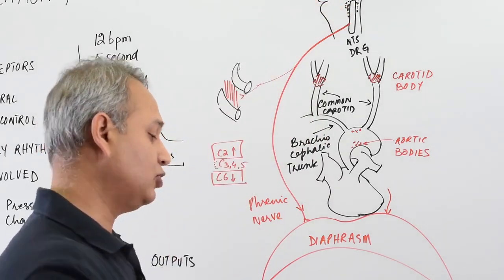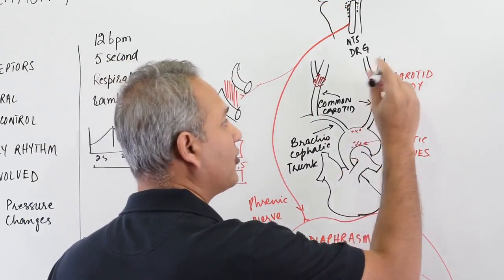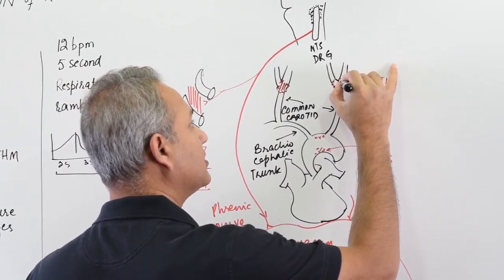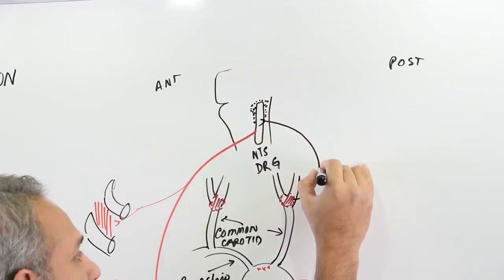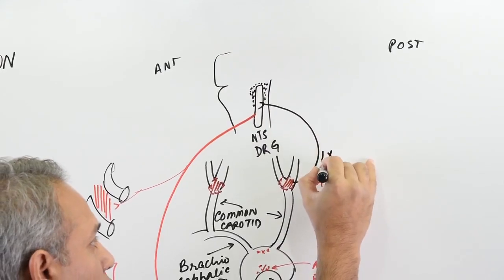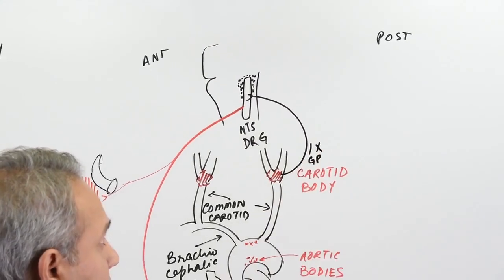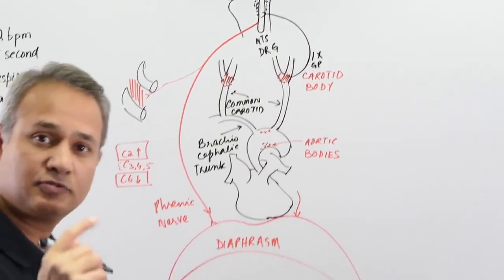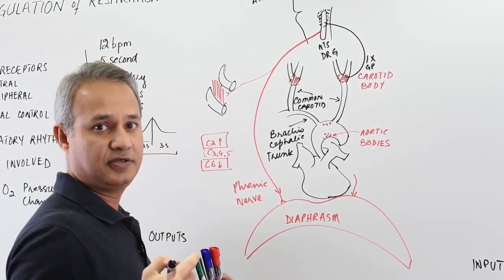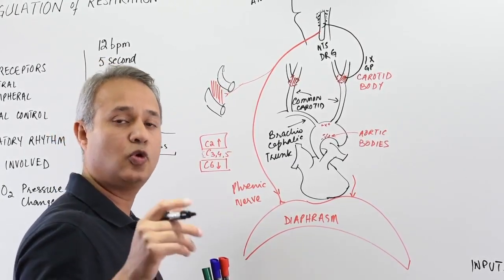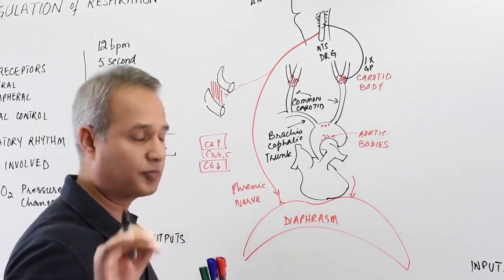Let's see the first one. First one is from the carotid body, glossopharyngeal nerve, nerve number 9, which goes from the carotid bodies and relays in the nucleus of tractus solitarius or the dorsal respiratory group.